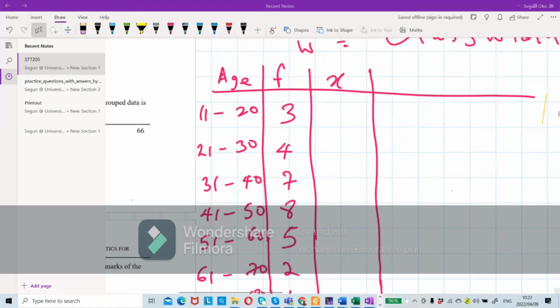Okay, so the first one is 15.5. Do we all get that? Yes, sir.